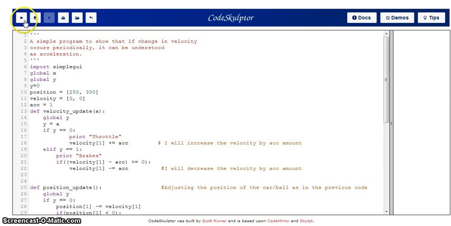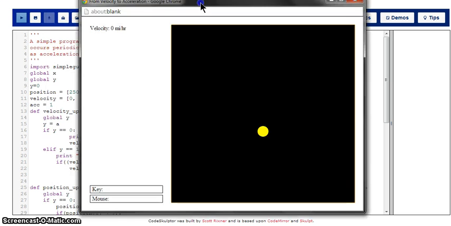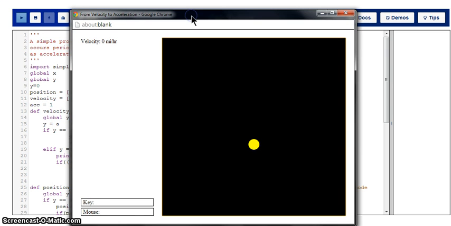In the next program, I have tried to show that if we increase the velocity of a body periodically, it can be looked upon as acceleration. So I have the same setup, but this time I have a speedometer. Okay, so if I press the up arrow key, the ball moves to the final velocity.